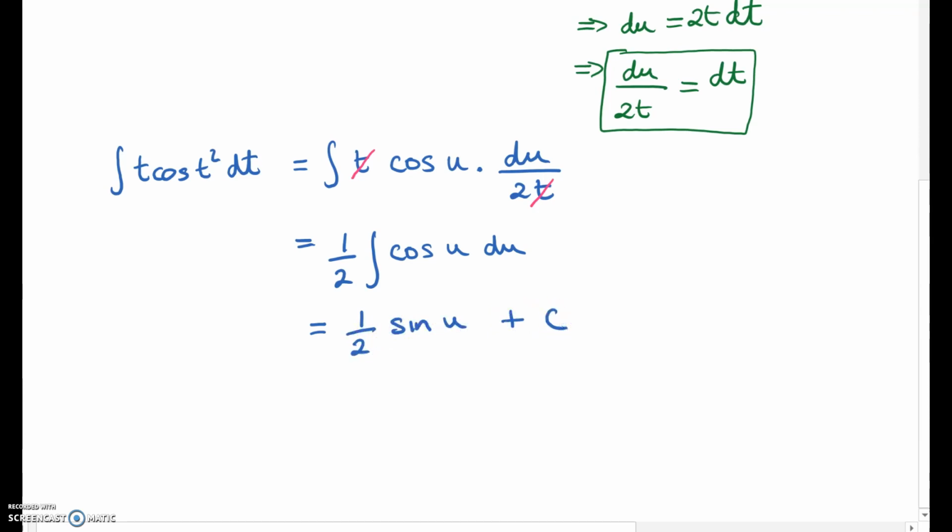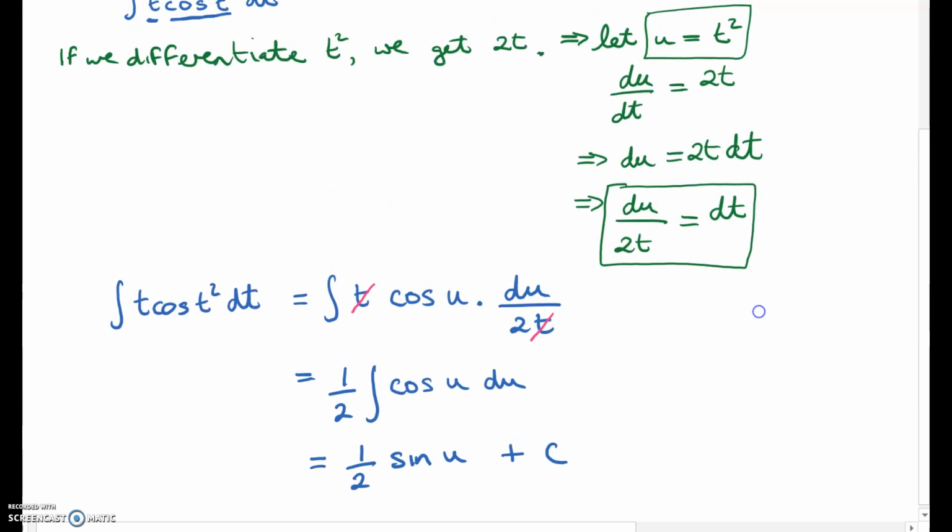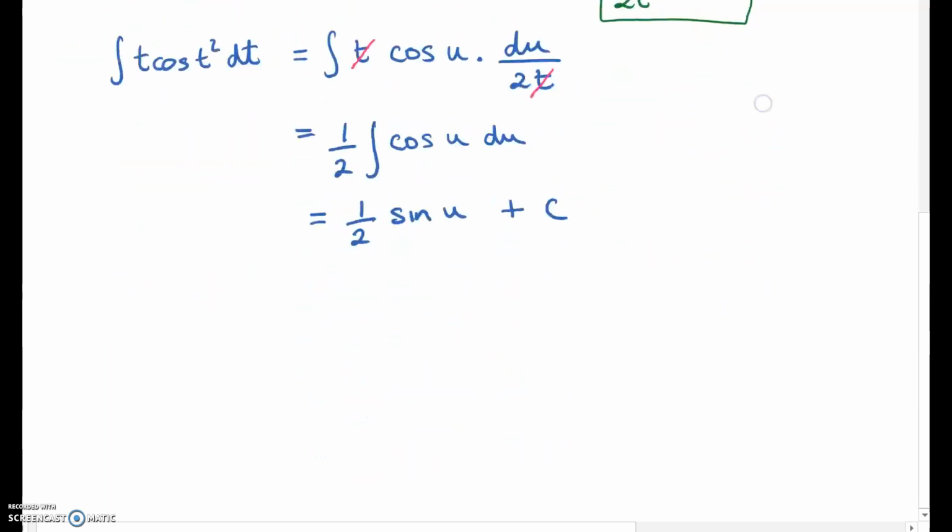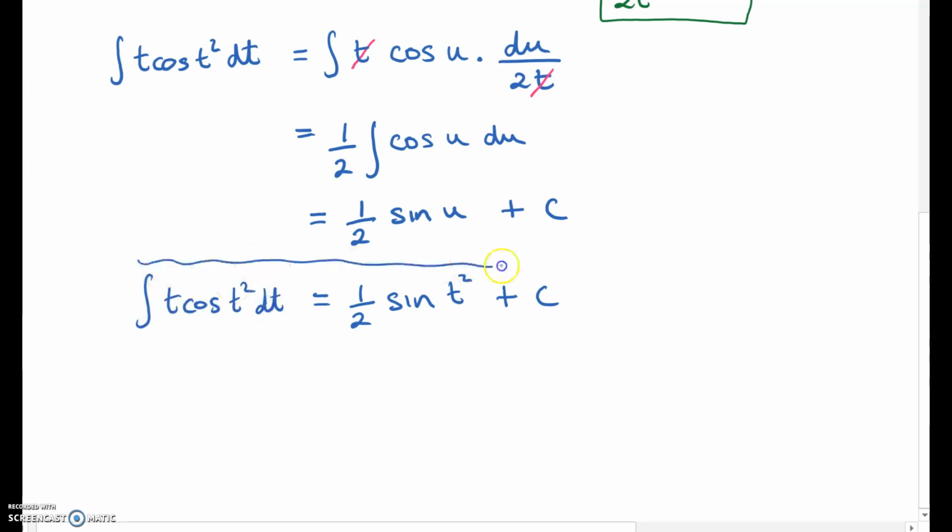And then we're going to go back and we're going to replace u with t squared. U is t squared. So it's 1/2 times the sine of t squared plus c. Integral of t cosine t squared dt is equal to 1/2 sine of t squared plus c.